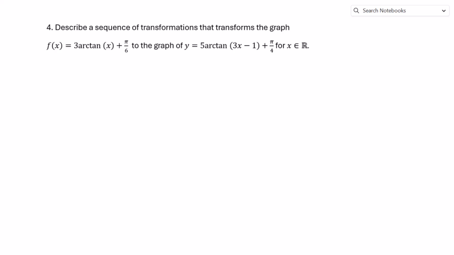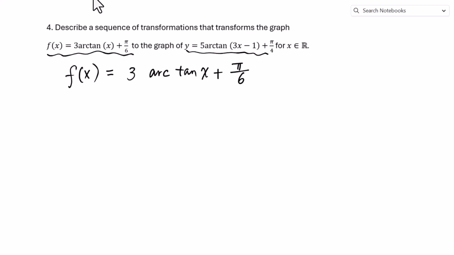Let's go to question 4. Describe a sequence of 4 transformations that transforms the graph of f of x to the graph of y. For x, it's all real numbers. Let's check the difference between the f of x and y functions. y equals 5 arctangent.